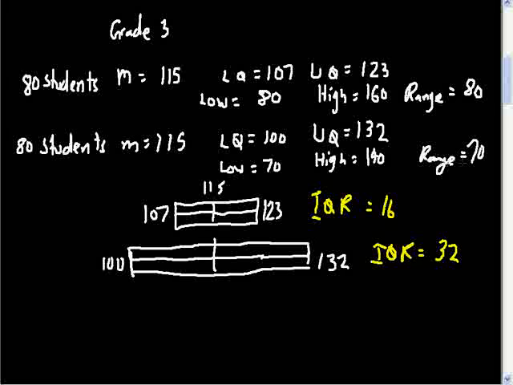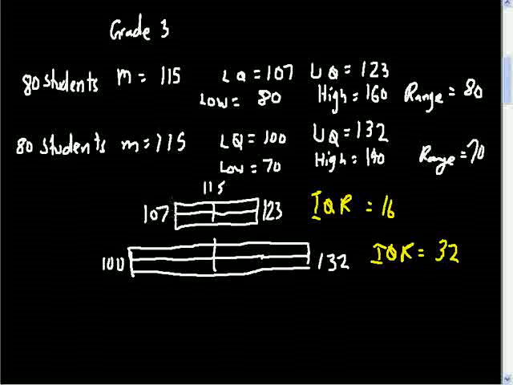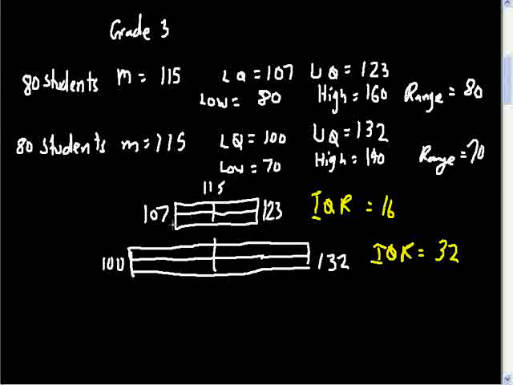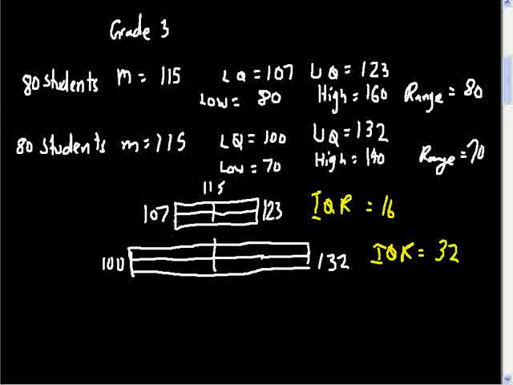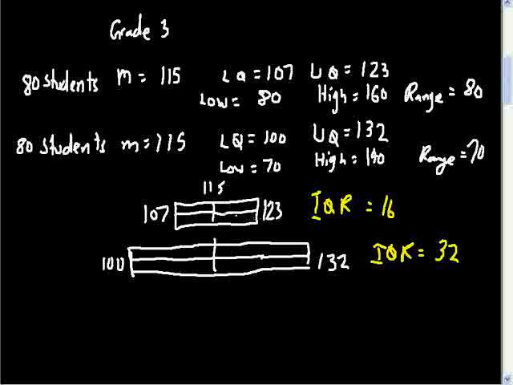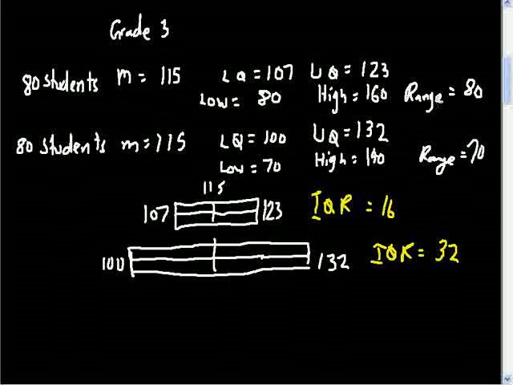Now you would think this shows more variability because the range is bigger. But just because one or two extreme values are present, you're getting a bigger range here. You're better off comparing the values at the 25th percent level and the three-quarters of the way level to get a better picture of the variability than looking at the extreme values.